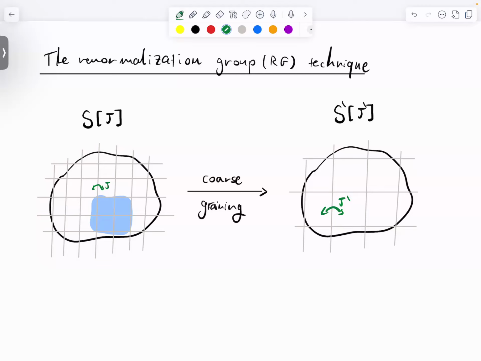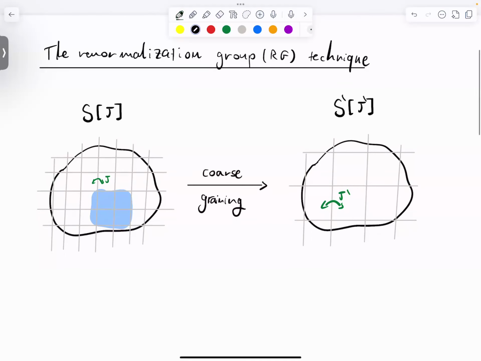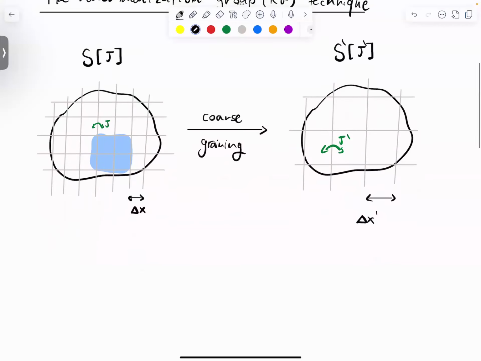And the idea is that we want to look at how these couplings flow. So you could imagine that here you have some scale, let's call it delta x, and then here we have some scale which I will denote by delta x prime. And the idea is that delta x prime over delta x is equal to e to the L, or B, let's call it B for now, where B is some number greater than 1, so that we're basically growing.